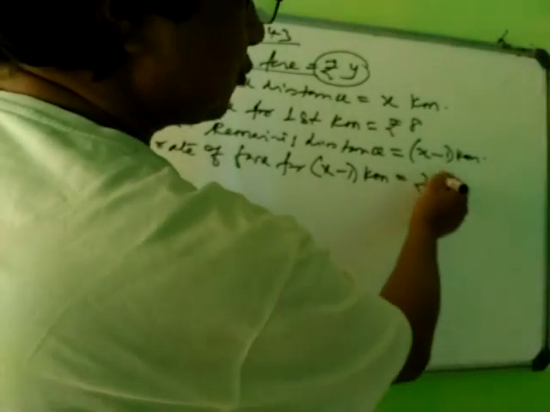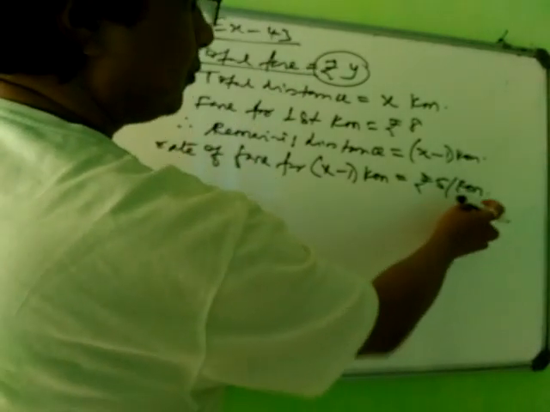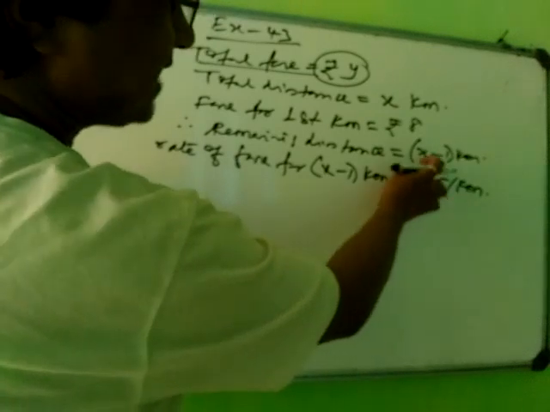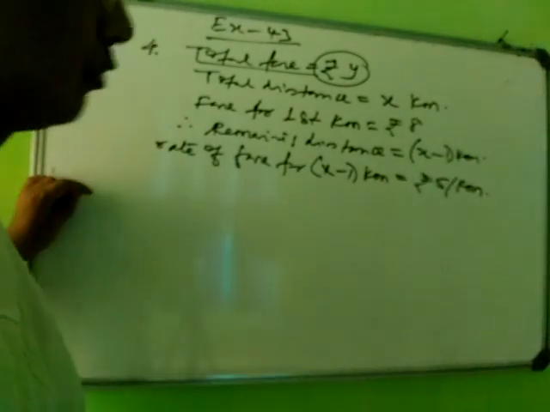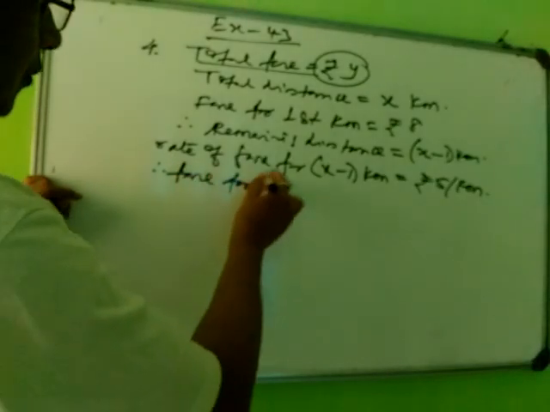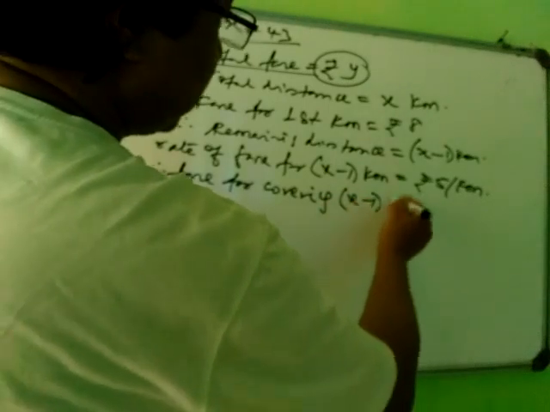It is given as ₹5 per kilometer. So every 1 kilometer will be ₹5, so for covering x minus 1 kilometer, the fare will be multiplied.